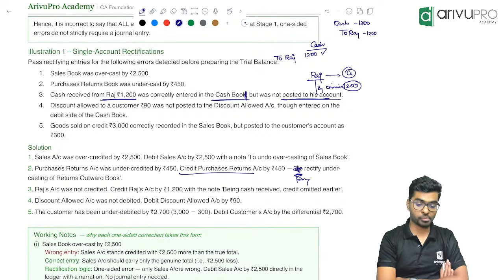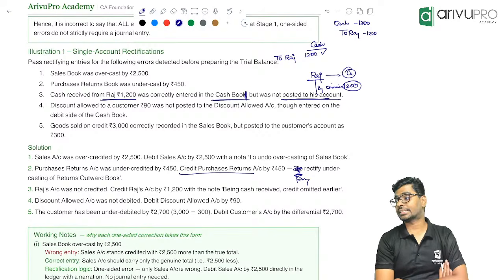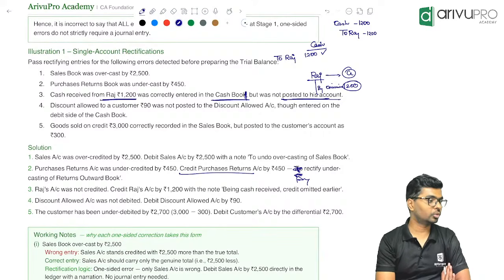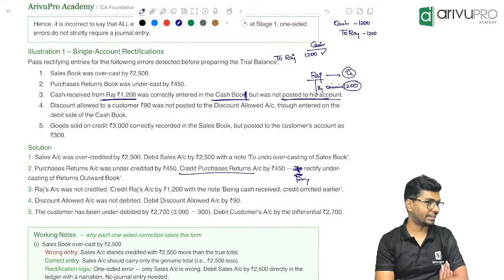Next one, discount. Discount allowed to a customer 90.